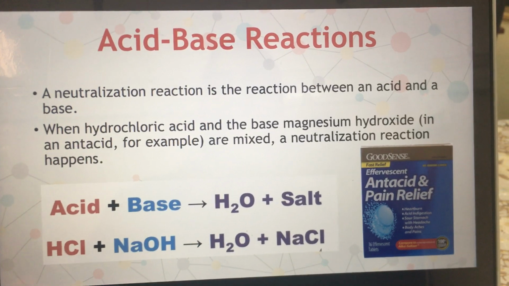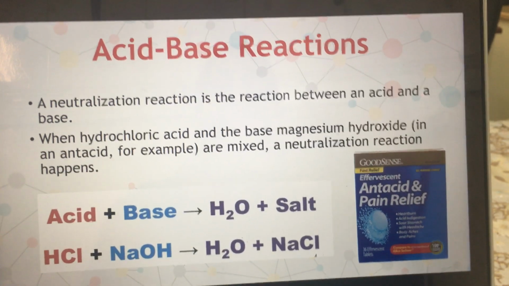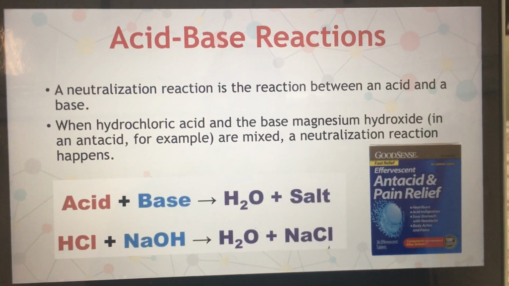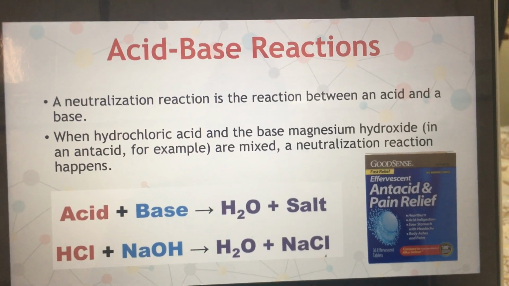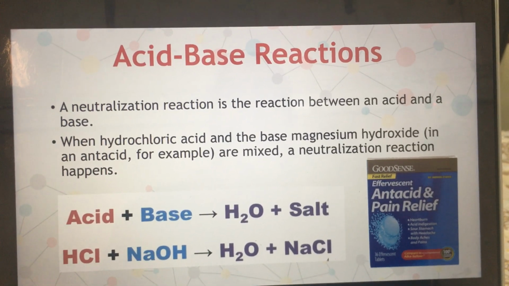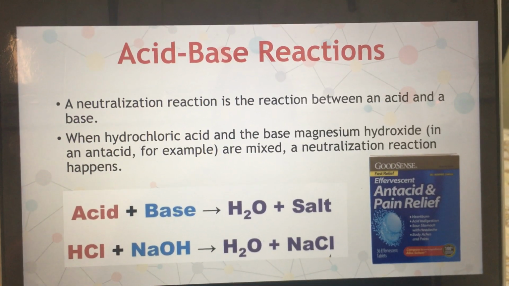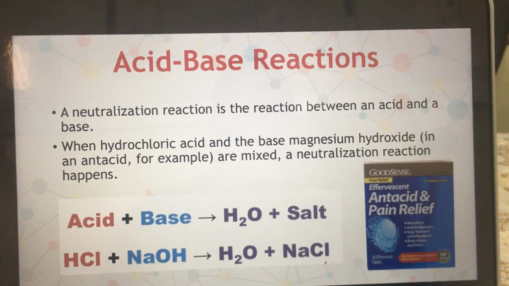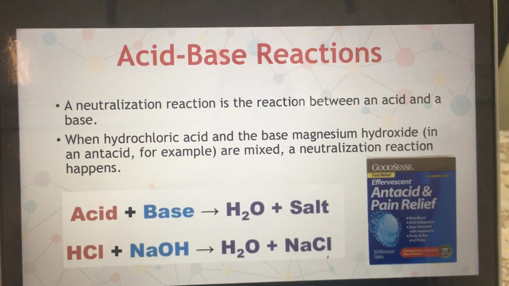When they react together, they will neutralize each other. What is the meaning of neutralize each other? It means they will equal each other. Equal each other means the solution after the reaction will be not acidic and not basic. The solution will become a neutral solution. Water, neutral. The acid cancels the base and the base cancels the acid.